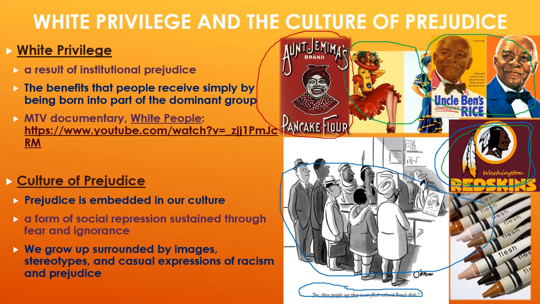So I actually did see recently that Band-Aid is going to be coming out with different colored products pretty soon. So we're working in the right direction, but again, working your way out of institutional racism and prejudices takes a long time, and just changing the name of the Washington Redskins or changing a logo on our pancake flour, it's indicative of something great that might be happening, but things do take time.